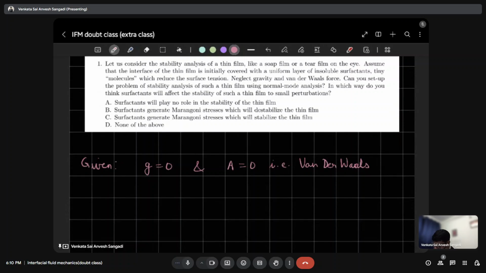That is, the van der Waals forces are zero, and we have to find the effect of surfactants.